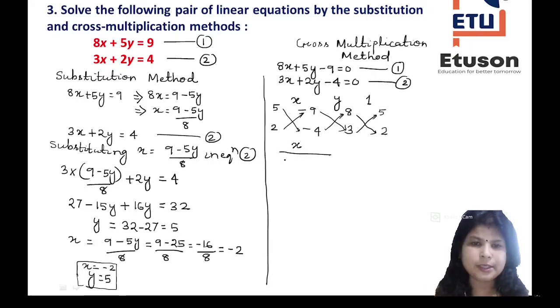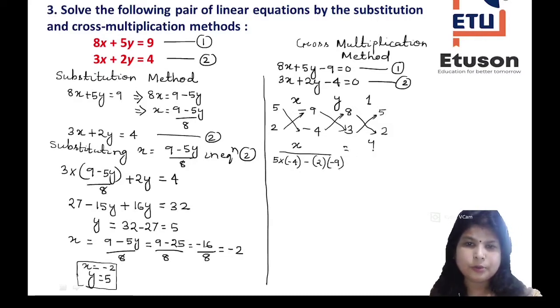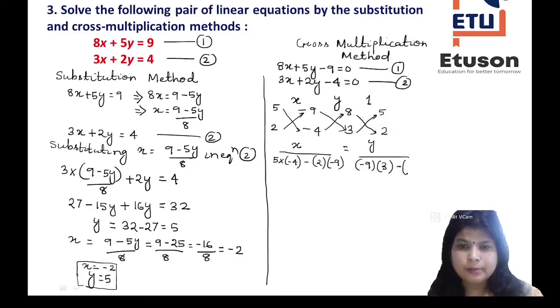That is x divided by 5 into minus 4 minus 2 into minus 9 is equal to y divided by minus 9 into 3 minus minus 4 into 8.